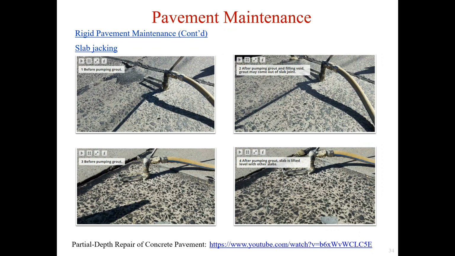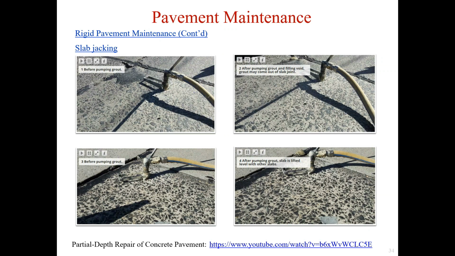These are some photos for slab jacking. Slab jacking is a specialist concrete repair technology. It could be used where concrete slabs have dropped from their original position as a result of foundation soil sediment sinking or erosion.